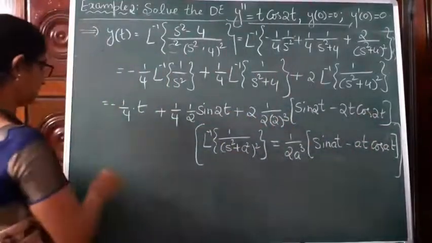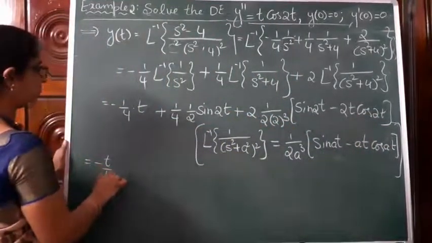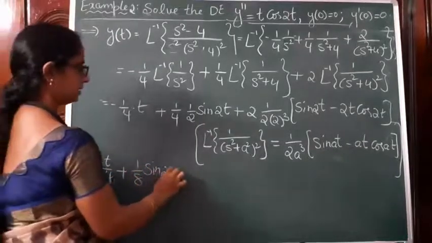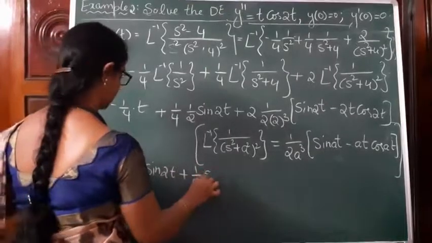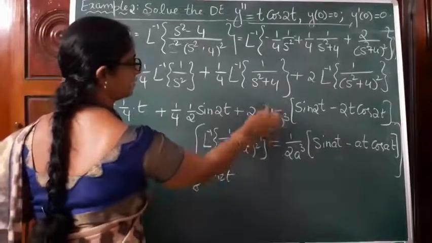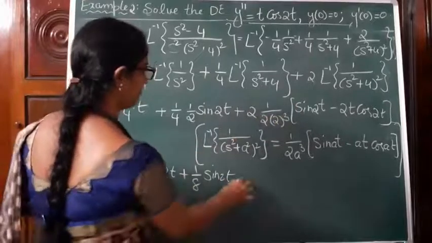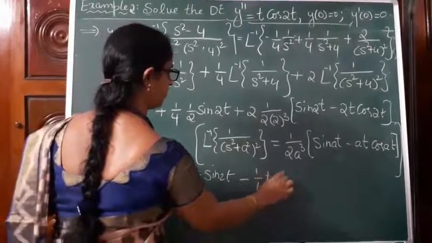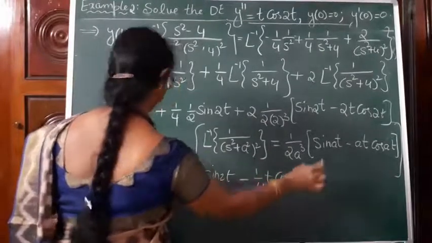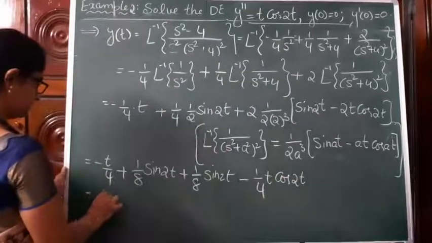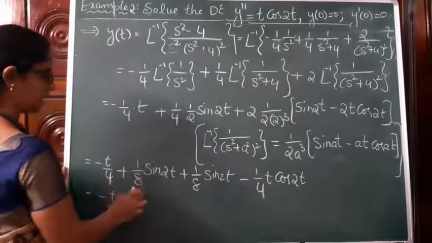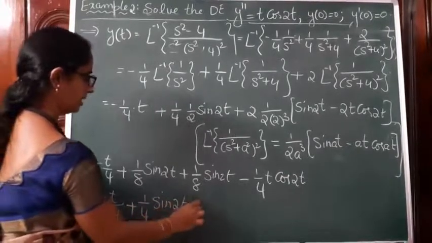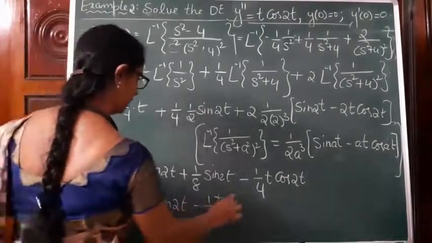This is −t/4 plus 1/8 sin 2t plus 1/8 sin 2t, because 2 gets cancelled, 1/2³ is sin 2t, minus 2t/2³ is −1/4 t cos 2t. So this is −t/4 plus 1/8 sin 2t plus 1/8 sin 2t is 1/4 sin 2t minus 1/4 t cos 2t.